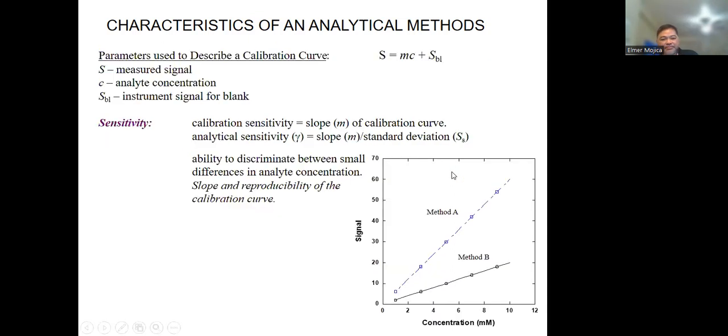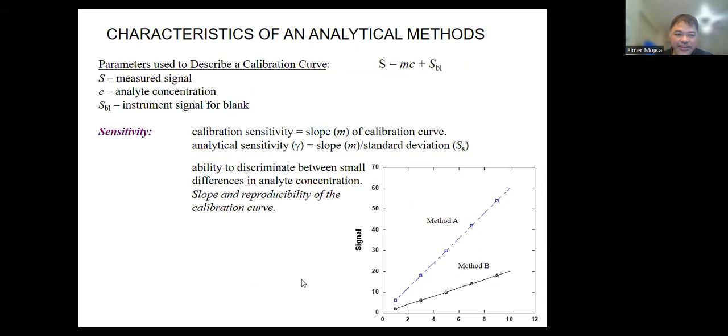Okay. And if you're going to look at this response in terms of the sensitivity, dito yung meron tayong tinatawag na calibration sensitivity and analytical sensitivity. So what is the difference between these two?